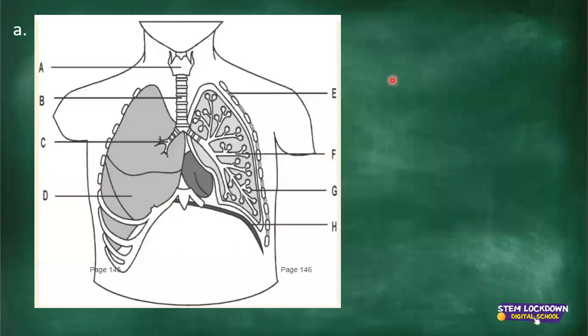Let's go to that diagram. There, A to H. Quickly, who can tell me? Let's participate, everyone. Tell me anyone that you know here. You can just tell me D is what, F is what, the one that you know.